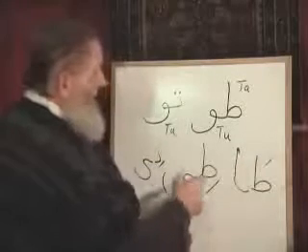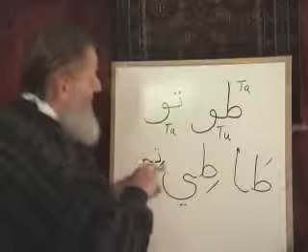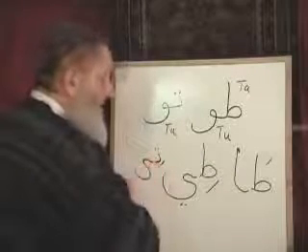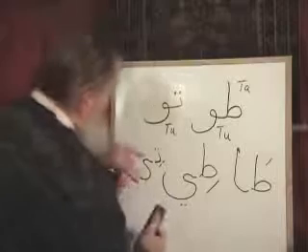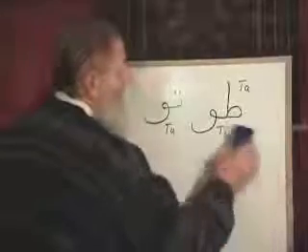So instead of ta, it becomes taa. Instead of ti, it becomes tii. I hope you could make the difference between the two kinds of ta and the different kinds of ha.